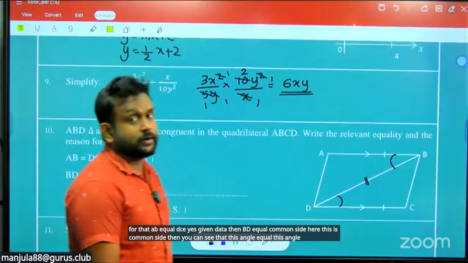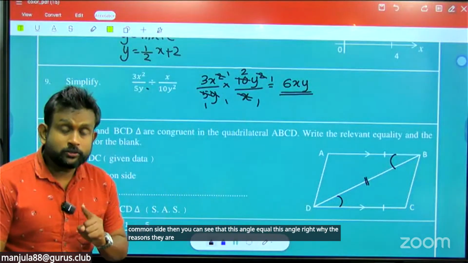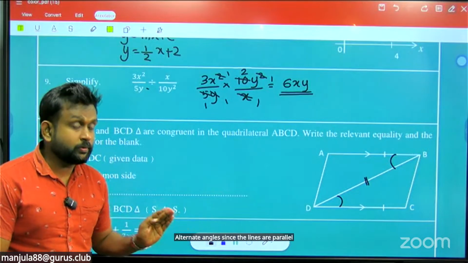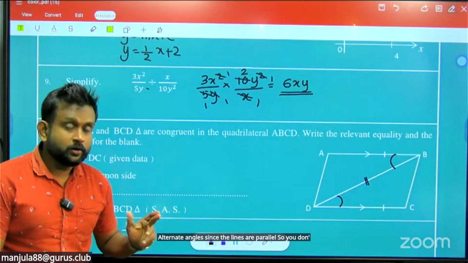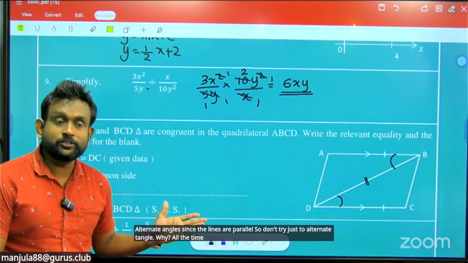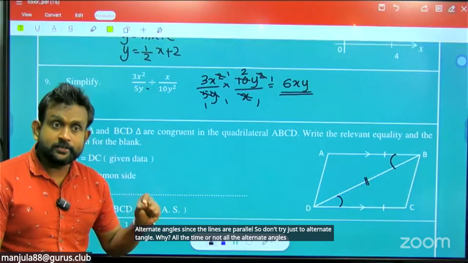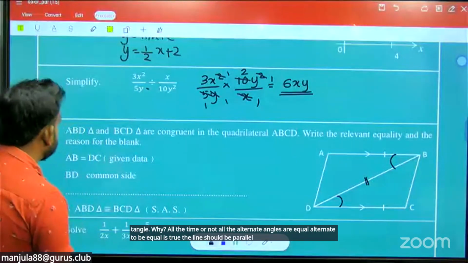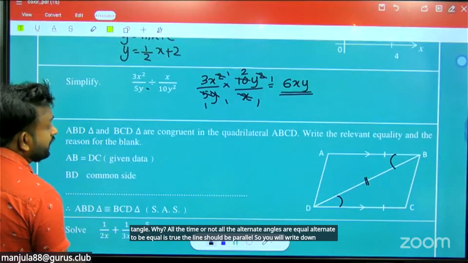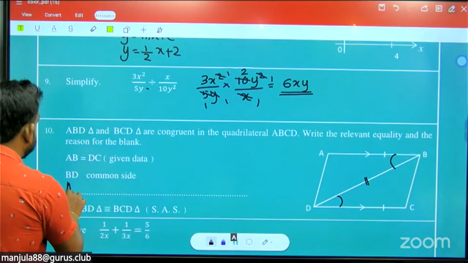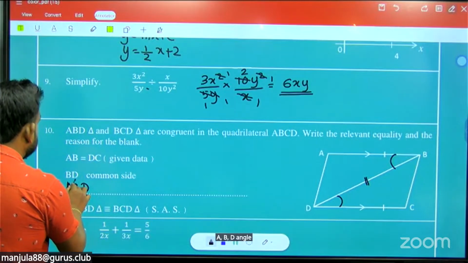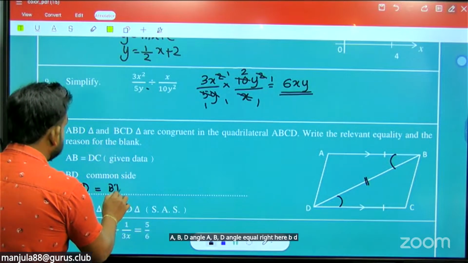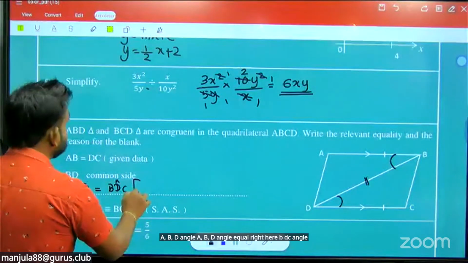For the reason, they are alternate angles since the lines are parallel. So you don't write just alternate angles. Why? Not all alternate angles are equal. Alternate angles are equal only if the lines are parallel. So you write angle ABD equals angle BDC.